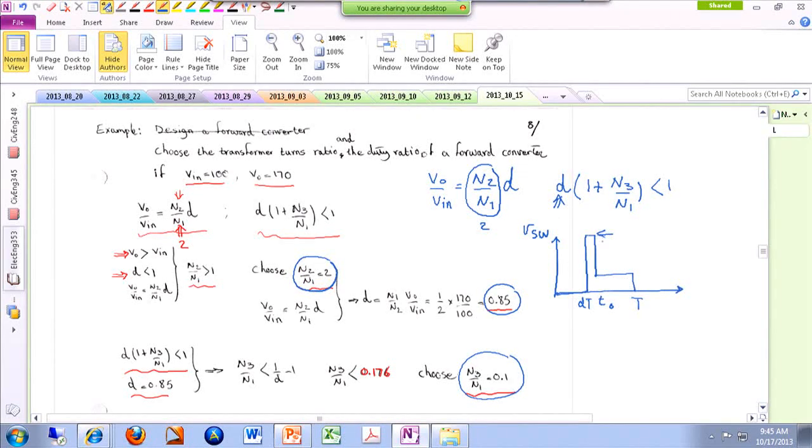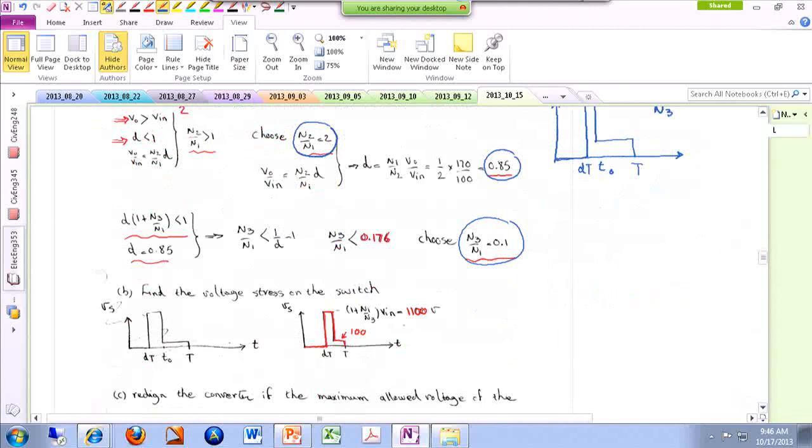You can see that we have a relatively large stress on the switch, and that is (1 + N1 over N3) times Vin. Now if you plug in the numbers, N1 over N3 is 10 and the input voltage is 100, so the switch, when it is off, based on our design, should be able to tolerate 1100 volts.